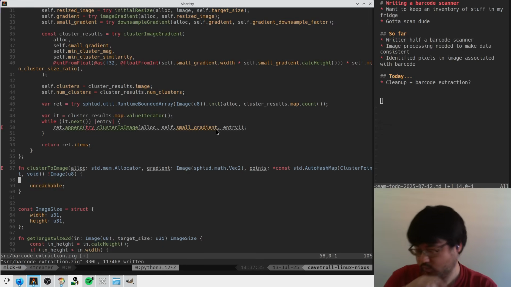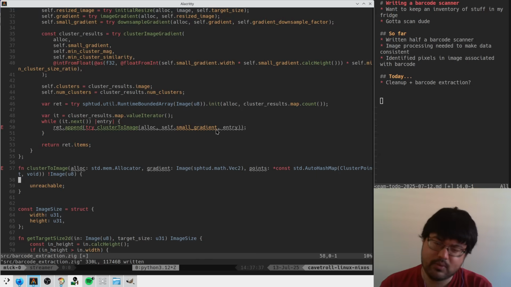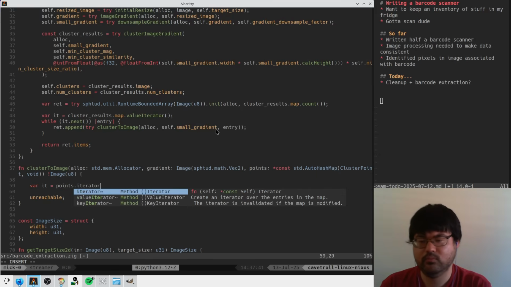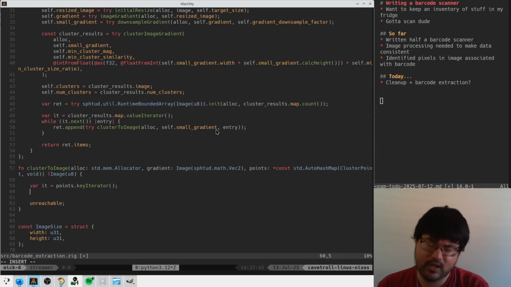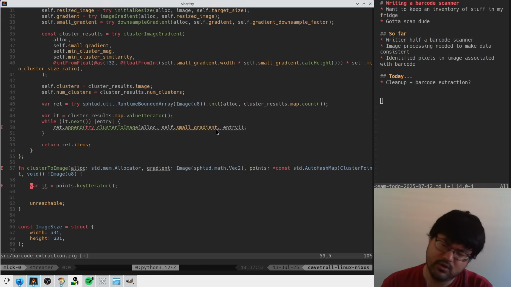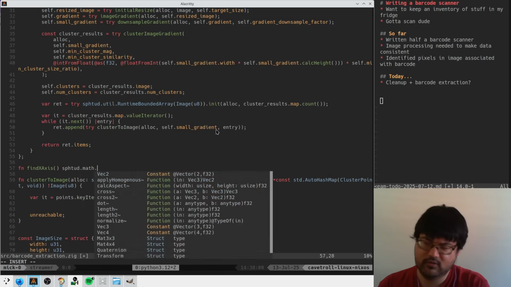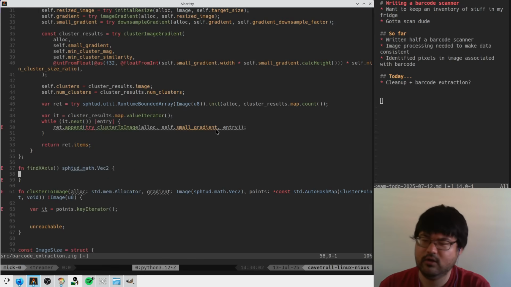Okay, so what are we going to do here? We're going to iterate over all points. And for each point, we're going to extract the gradient direction. We need to find the x-axis for this thing, right? So find x-axis is going to return a vector 2, I think.